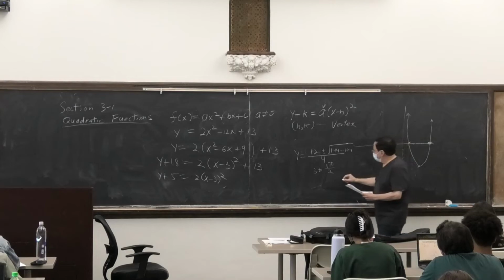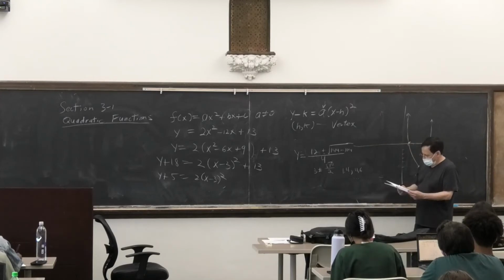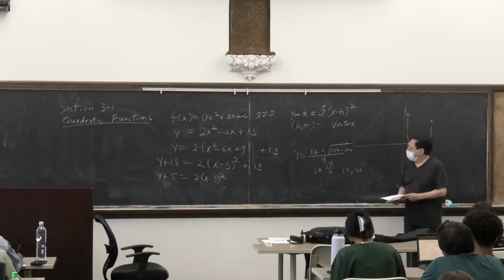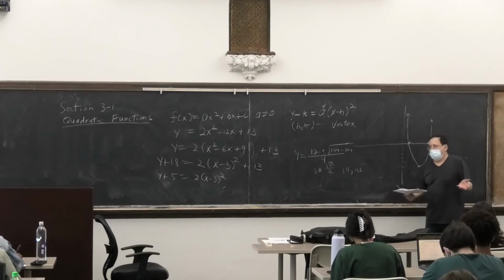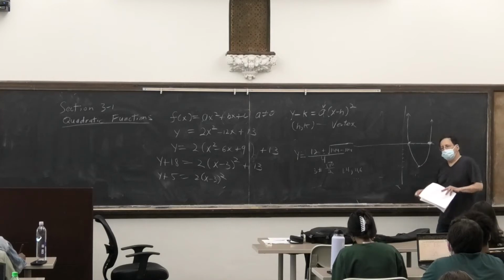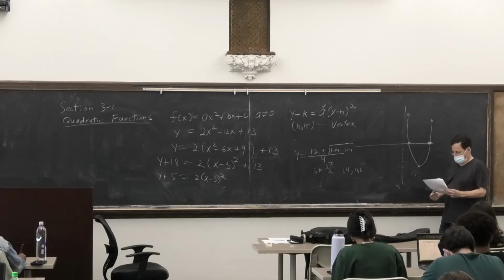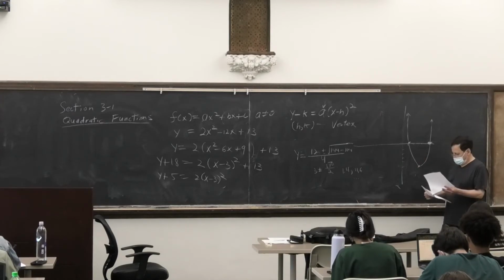In my notes I have 1.4 and 4.6, so close enough. So again, the idea here is not that you should give up on your technology. You just want to look at a graph. Use a graphing calculator. But if you're on a desert island or you want to understand how this fits together, this is how you can graph a quadratic.